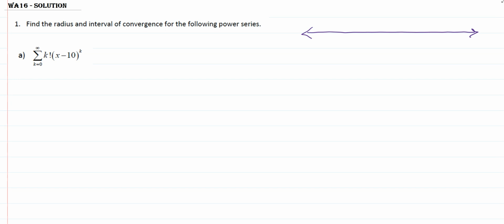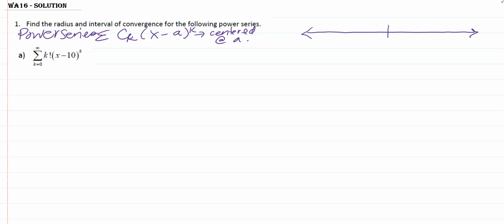The power series is of the form some coefficient a_k multiplied by (x minus a) to the k power. That's the power series, and we would say a power series of this form is centered at point a.